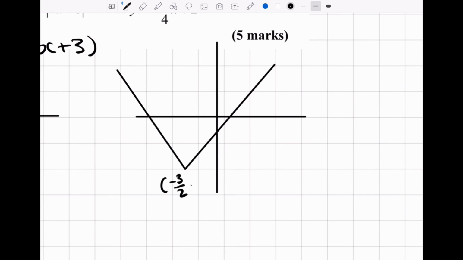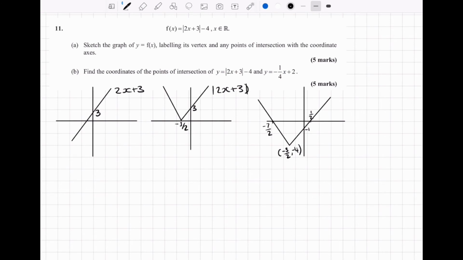You can calculate each of the points of intersection with the axes then, if you just sub in x equals 0 and then y equals 0. So you should get minus 7 over 2 and 1/2. A nice 5-mark question.